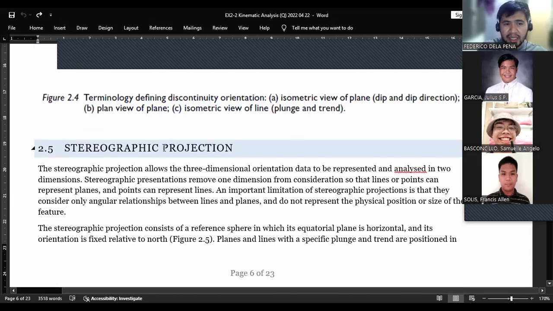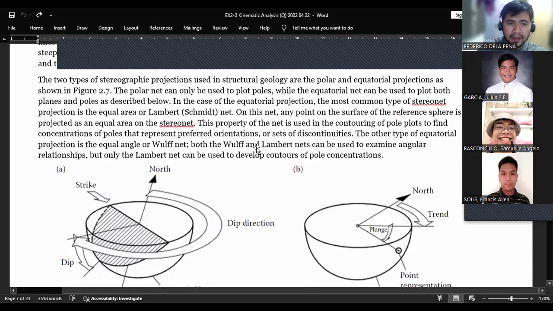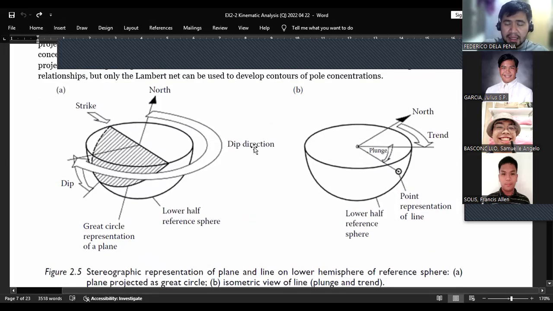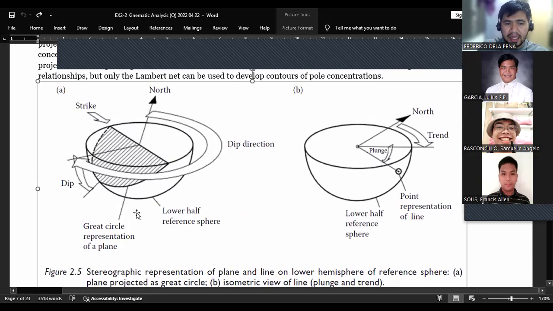Hence we use the stereographic projection. What we're gonna use here is the lower half hemisphere of stereographic projection. And also note that there are two main ways to represent a plane or a feature in stereographic projection. One is to use planes or arcs, and the other one is to use points or poles.